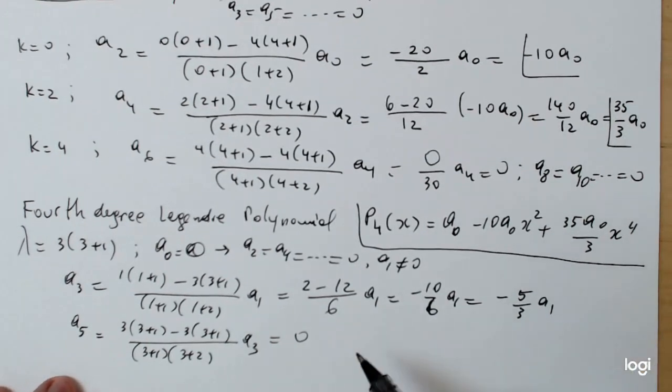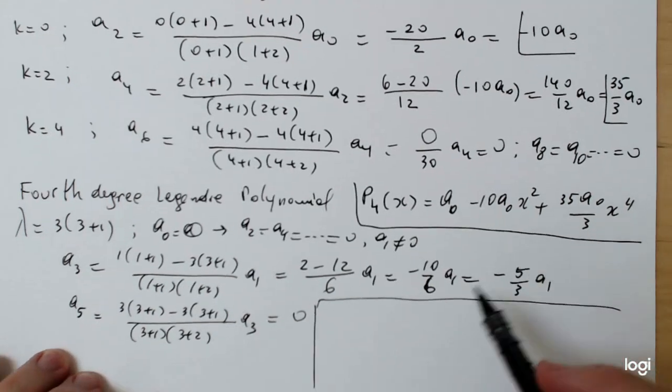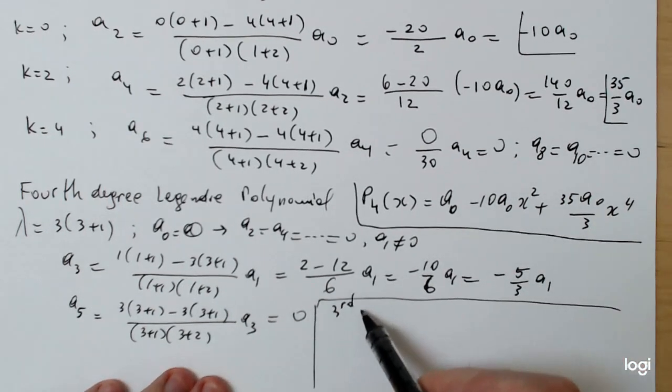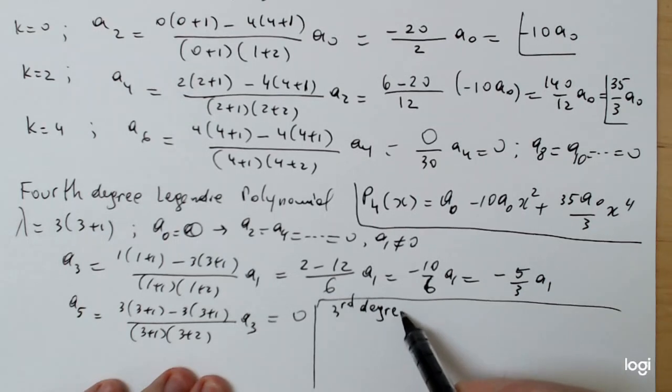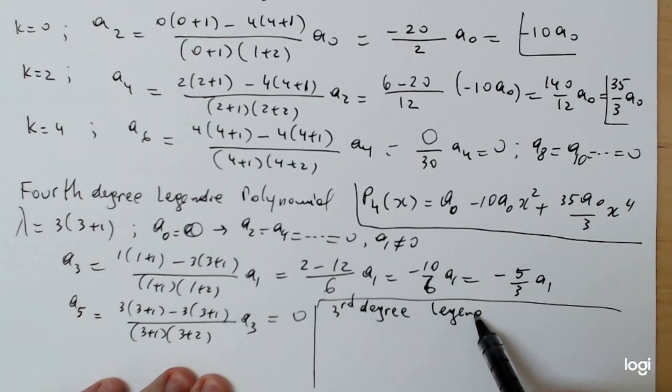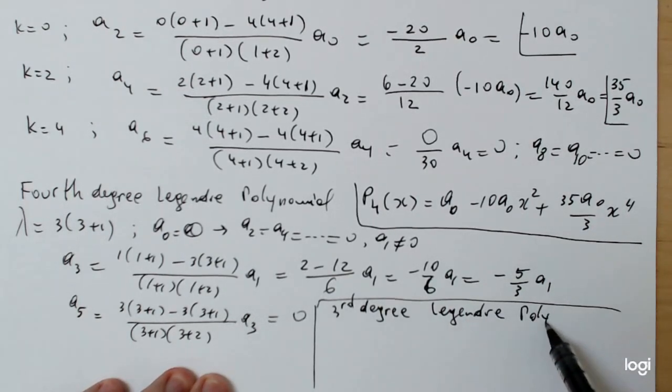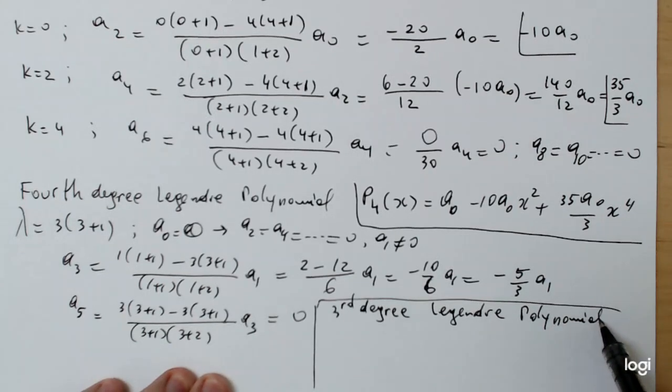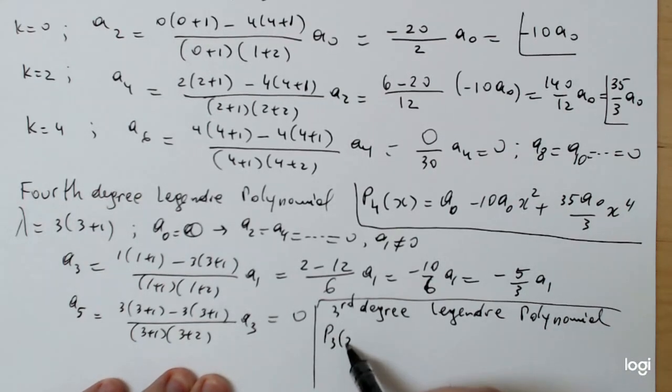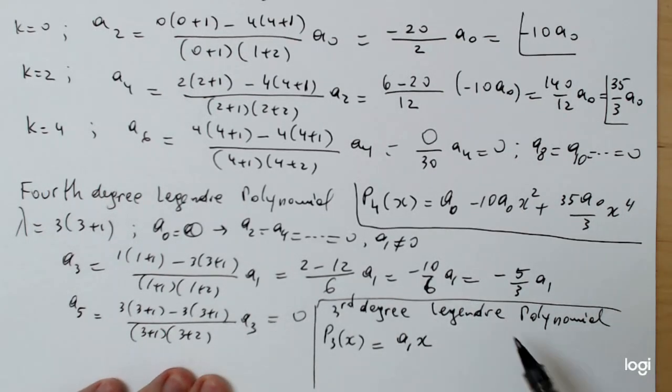So that tells me, let's write it here on the same page, the 3rd degree Legendre polynomial, which is also denoted by P3 of x, is equal to A1 x plus A3 x cubed, which is minus 5 over 3 A1 x cubed, and that's it.